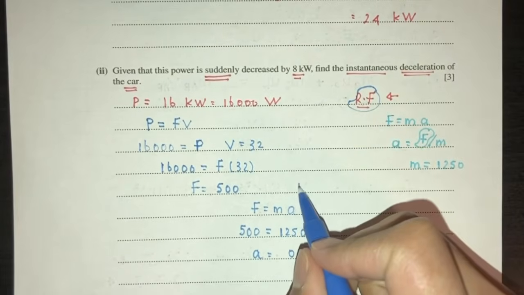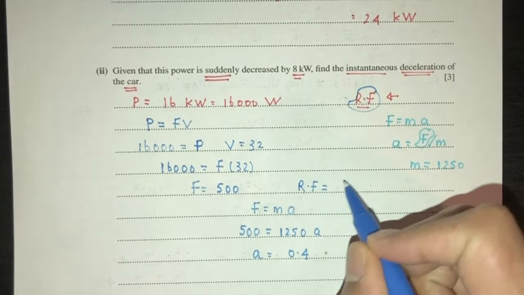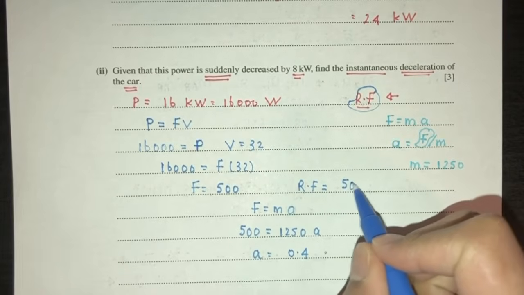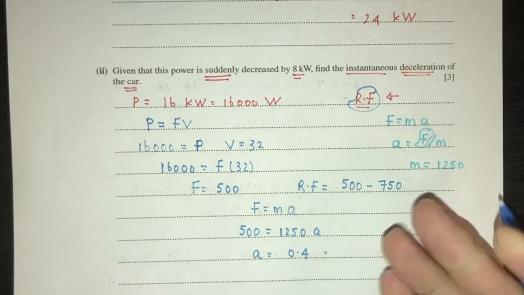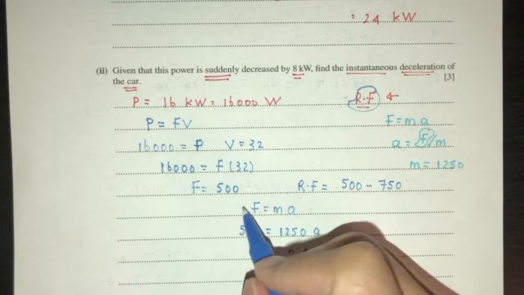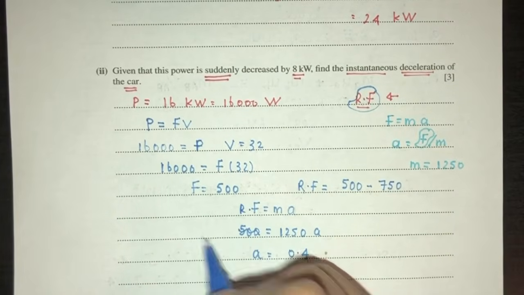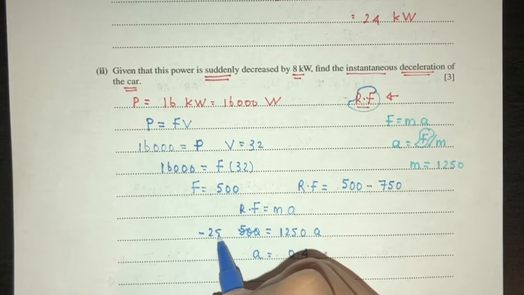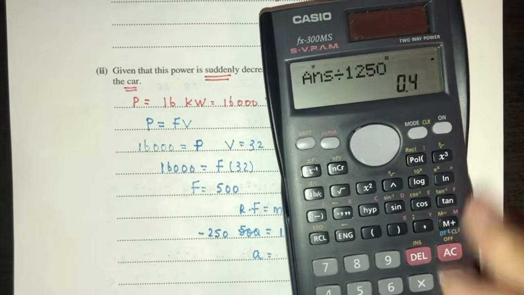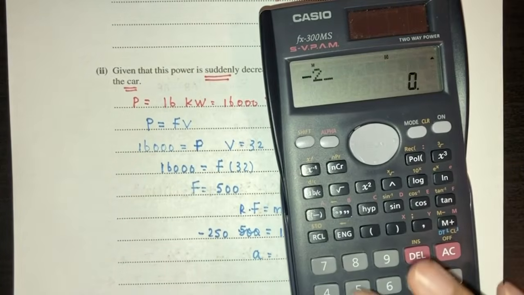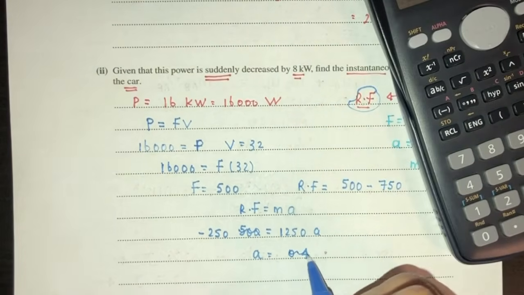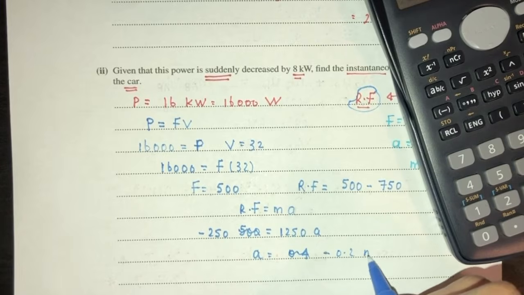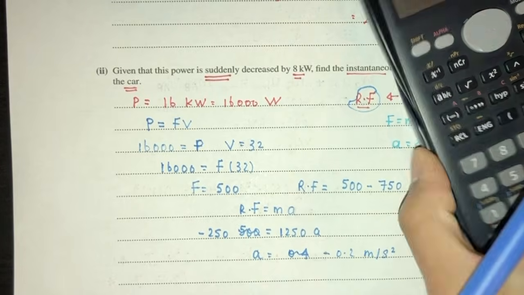So resulting force is equal to F minus the resistance. That's why we have to replace this by resulting force. So here you will have minus 250. So a will be minus 250 divided by 1250. That will be minus 0.2 meters per second squared.